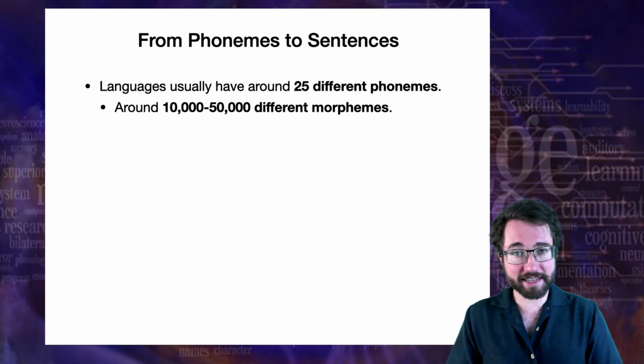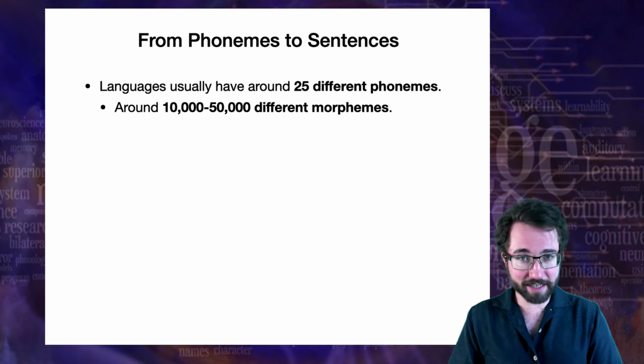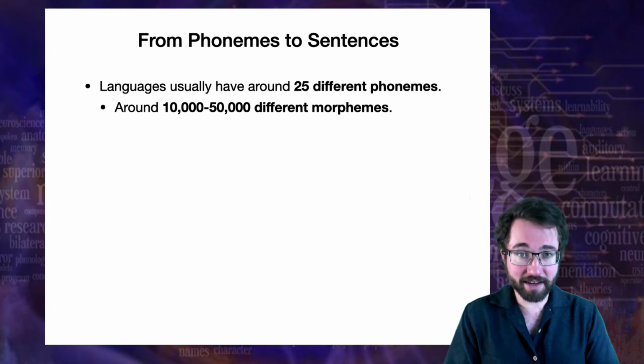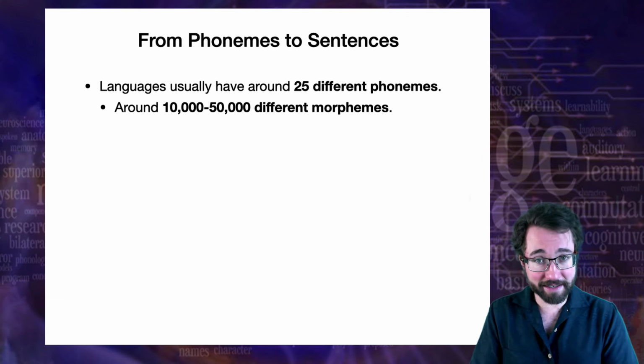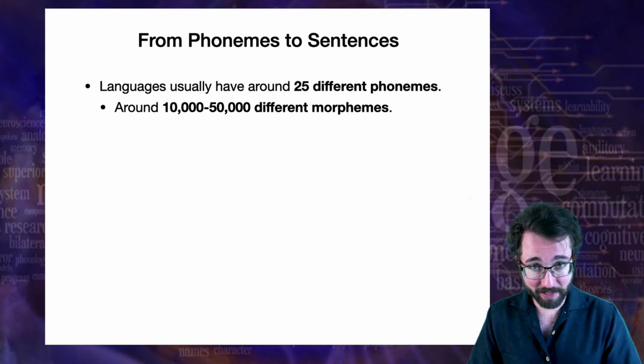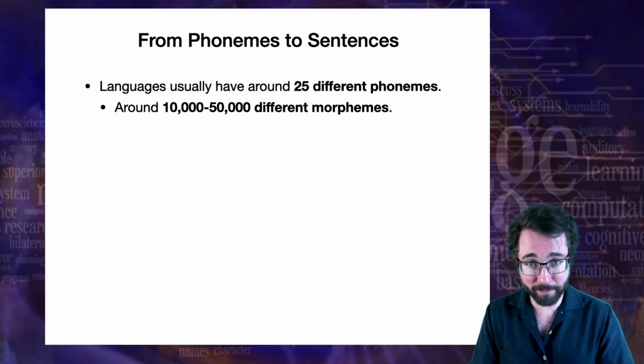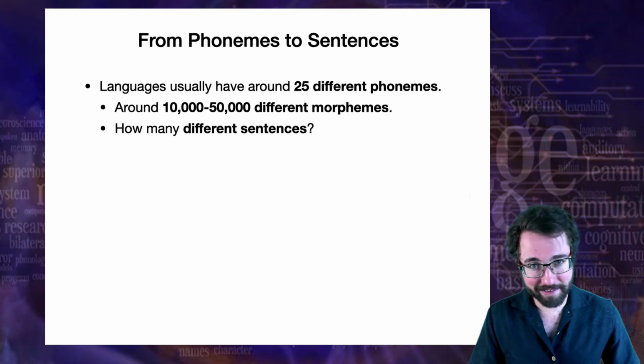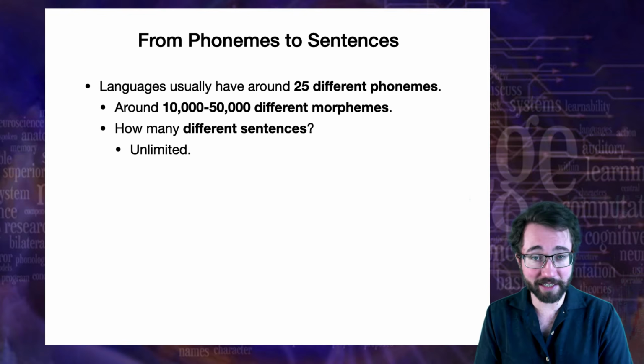How many different sentences are there in a language? How many different possible sentences are there in, say, English? As an educated adult speaker of English, you know something like 50,000 words. How many sentences are there in English? Can you think of a number? Is it like 1 million or 1 billion? It's actually unlimited. There is an unlimited number of sentences in English and in any language.